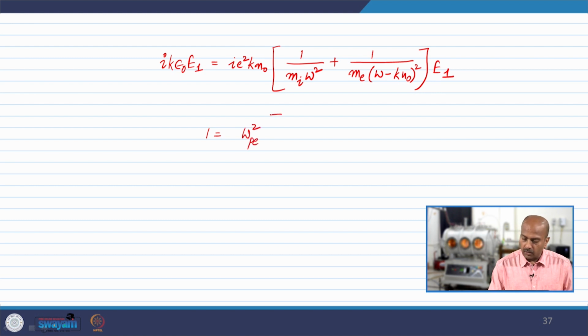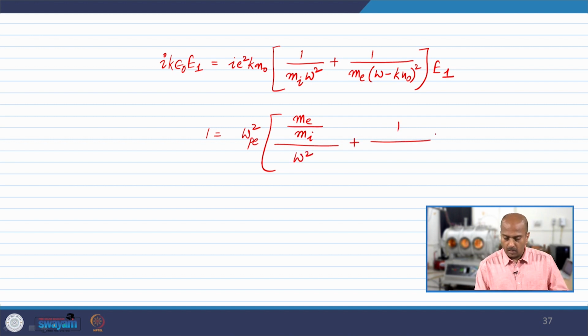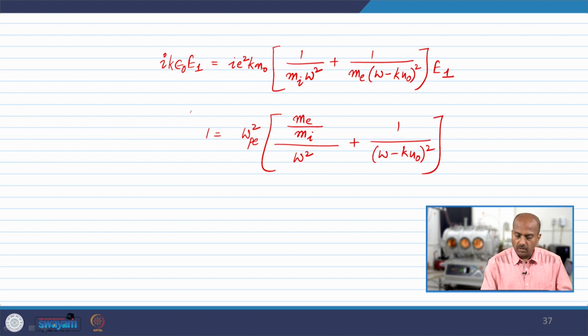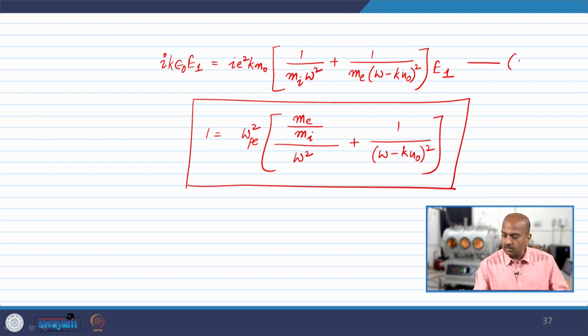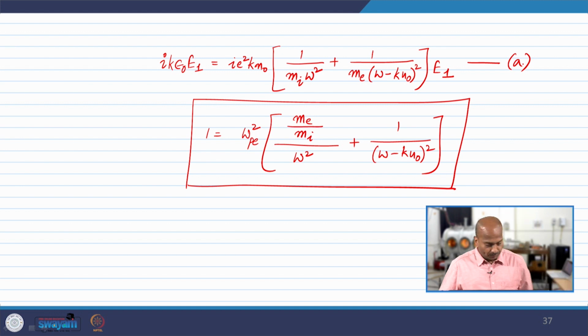Omega p square times the bracketed terms equals 1. So, this dispersion relation, let us call this A now, must be valid for A to have a non-trivial solution for E1. So, the dispersion relation can be solved for the frequency as a function of the wave number, because it is between omega and k, right.